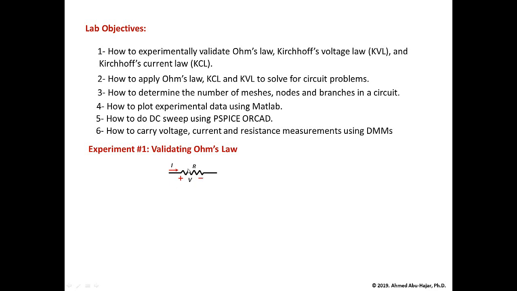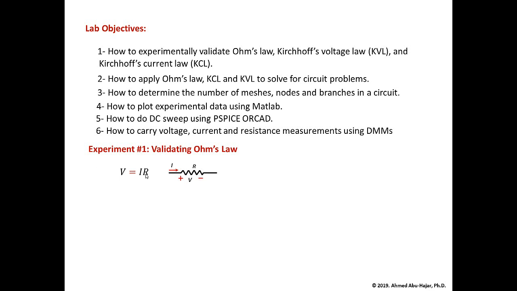Mathematically, Ohm's law is expressed as V equals I times R. So V equals IR. As the current flows through the resistor, the voltage will drop. The energy is converted. Instead of using the resistance, we can use the term conductance, where conductance G is 1 over R, 1 over the resistance.